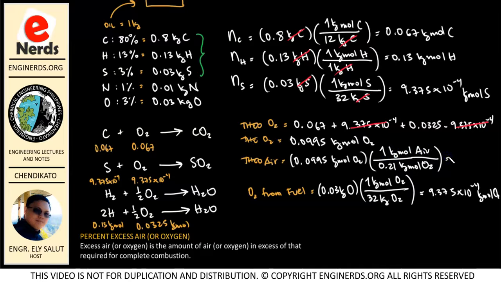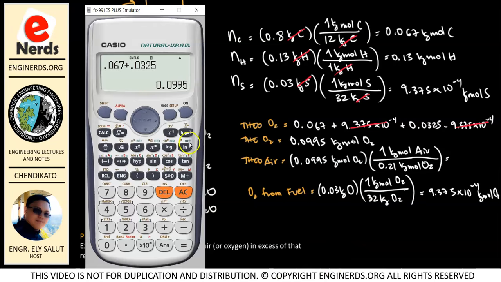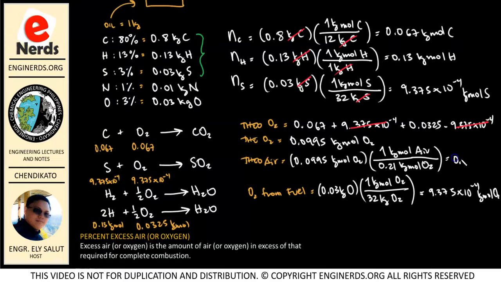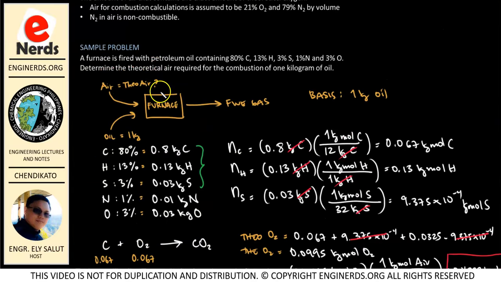So, therefore, we can get that answer here. 0.0995 divided by 0.21 is equal to 0.4738 kilogram mole of air. So, yan ang ating answer dito sa ating question. No? This is our theoretical air for this problem.